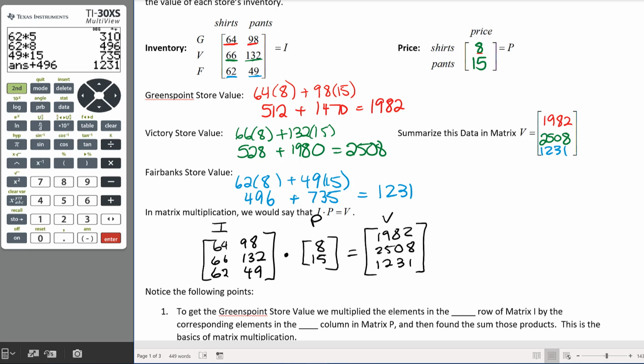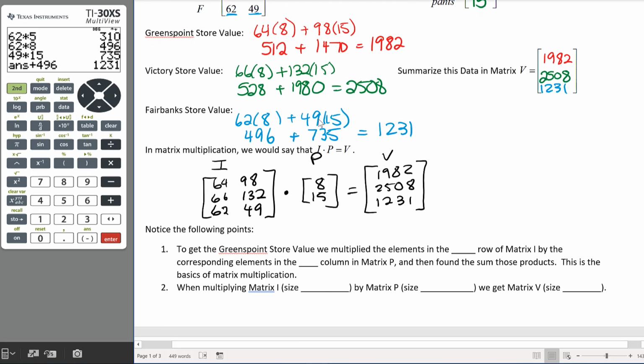There's a few things I want to note about this matrix multiplication. First off, to get the Greenspoint store value, we multiplied the first row of matrix I, the inventory, by the corresponding elements in the first column of matrix P, and then found the sum of the products. This is the basics of matrix multiplication.